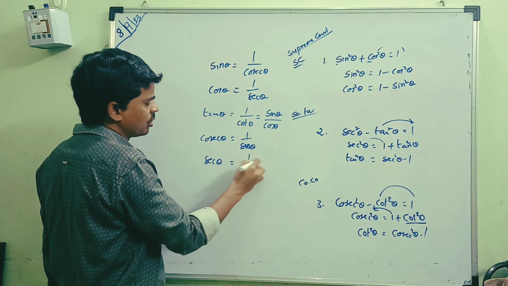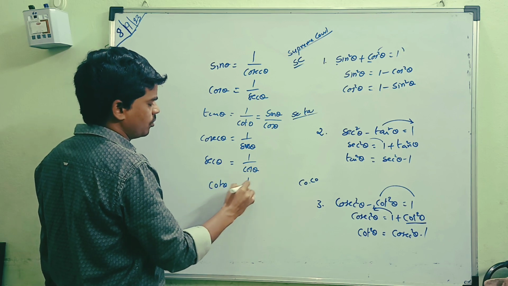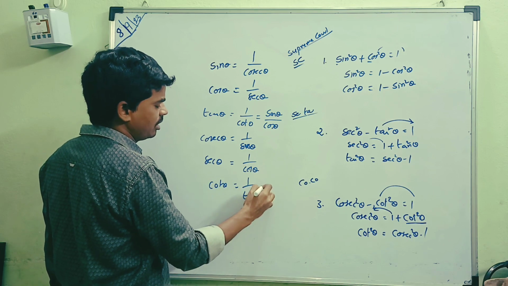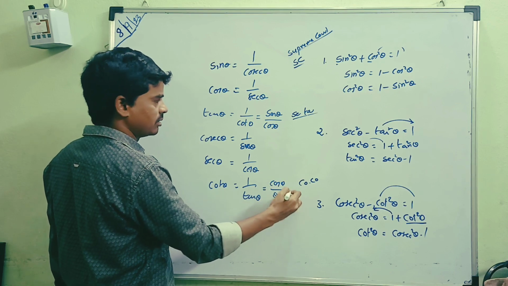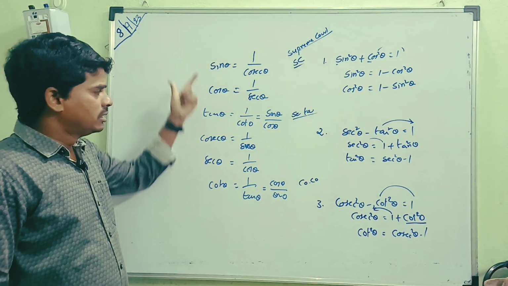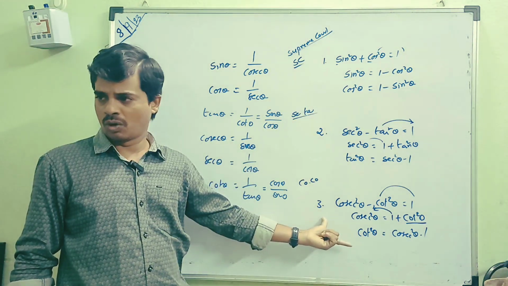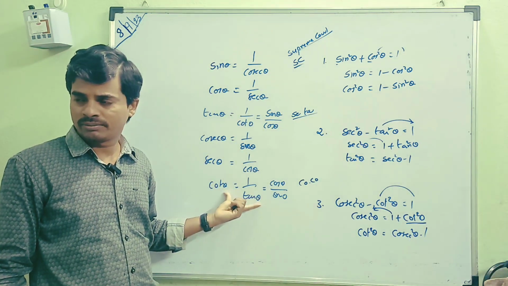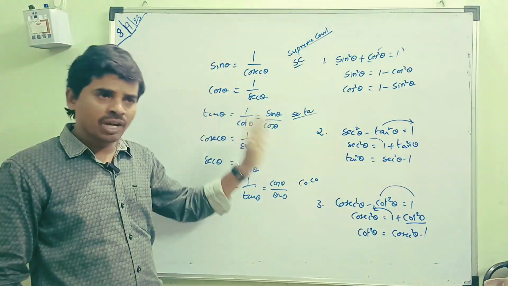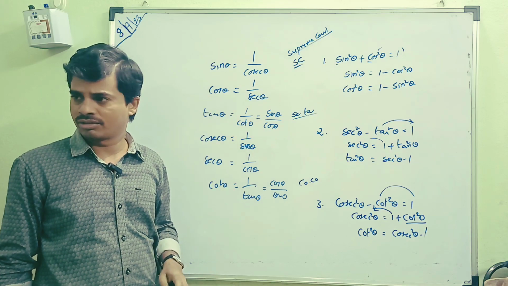Secant theta is equal to 1 by cos theta, and cot theta is equal to 1 by tan theta, or else we can use cos theta by sin theta. These are the 6 formulas from the identities and 6 reciprocals. These only we are going to use in the topic trigonometric identities.